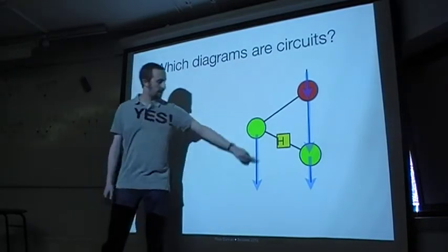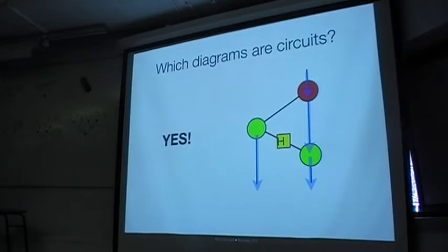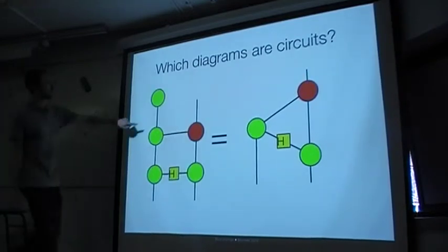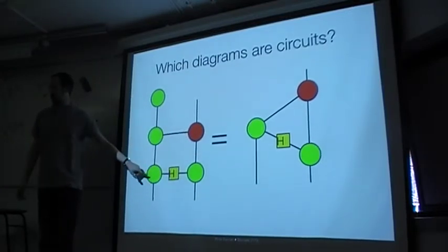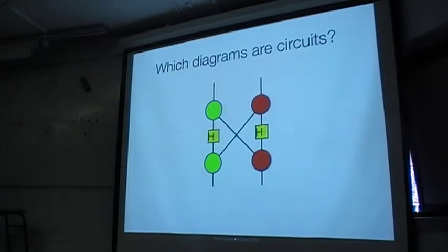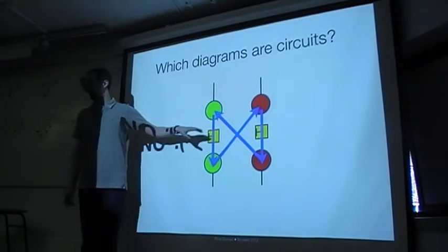So all my paths have to end in an output. And you can see that this is a circuit, because if I use my spider rule backwards, I get this. So you see it's an ancillary qubit, then a C0, then a CZ. This one, on the other hand, is not a circuit because there's no path covering that can avoid this cycle. Okay, so it's not going to work.